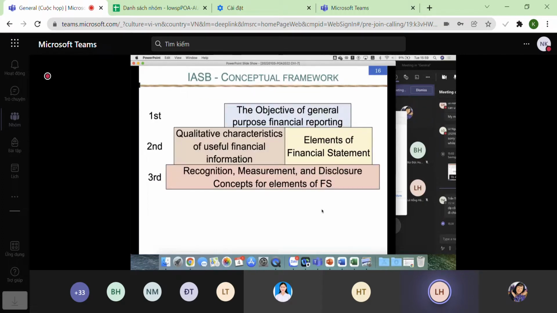So now from here, the IASB established 2 things, the conceptual framework and IFRS, right? For the conceptual framework and IFRS, we aim to whom? We focus on whom, providing information for whom?